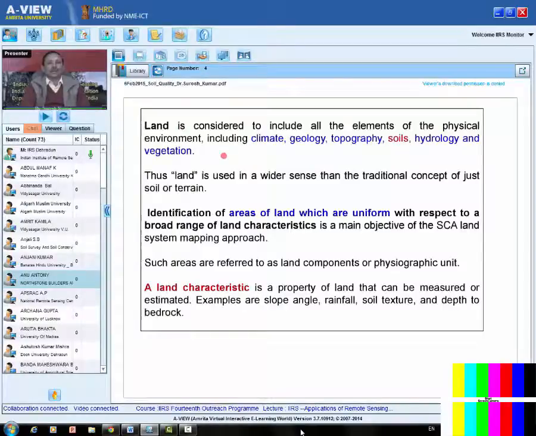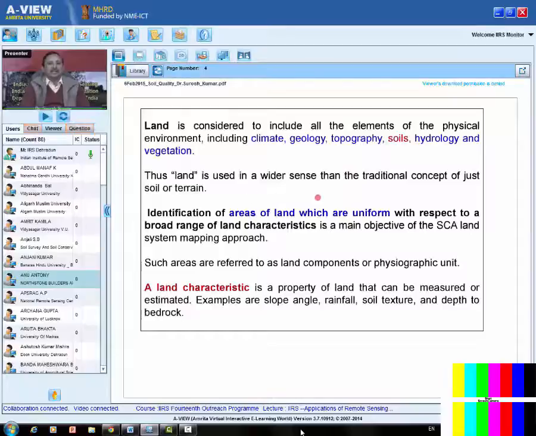But if you want to assess the land quality, then along with the soil quality you have to also assess your climate, geology, terrain, water or hydrology, and vegetation, meaning degradation of vegetation. Integrating all these, you can assess the land quality, which is more related to environmental quality. But in this lecture series, I am discussing only the soil quality.